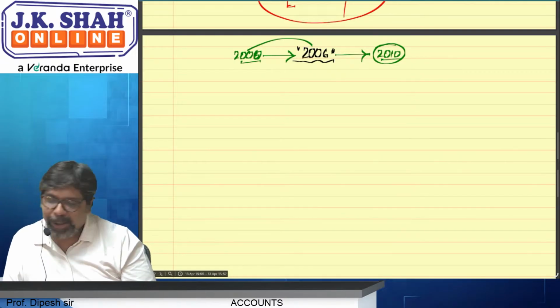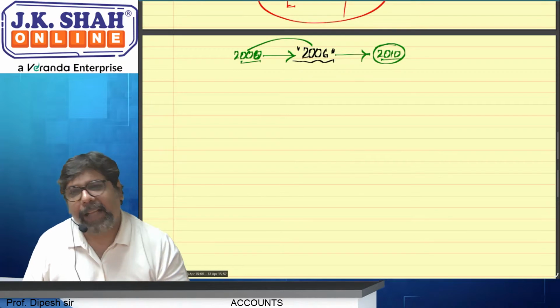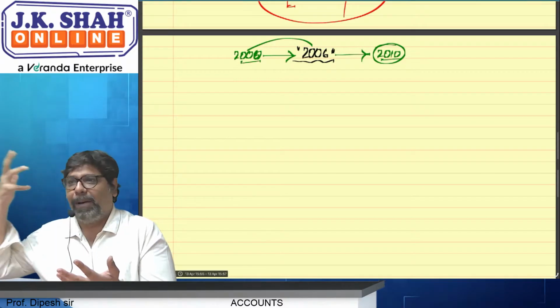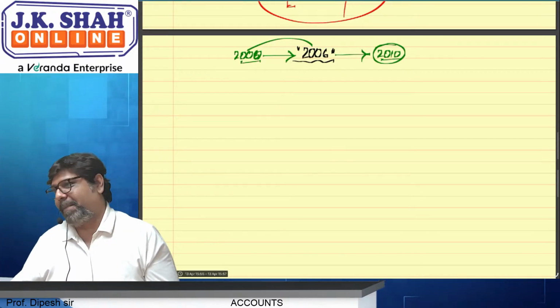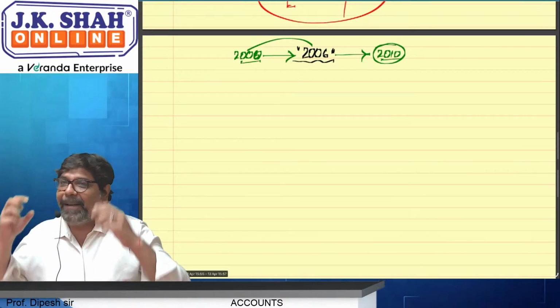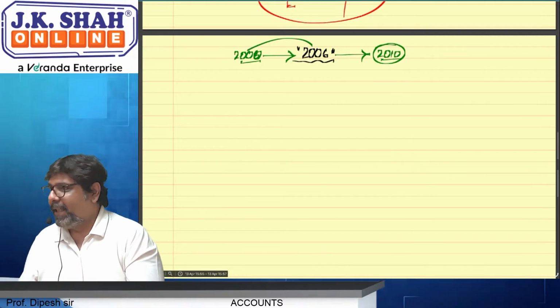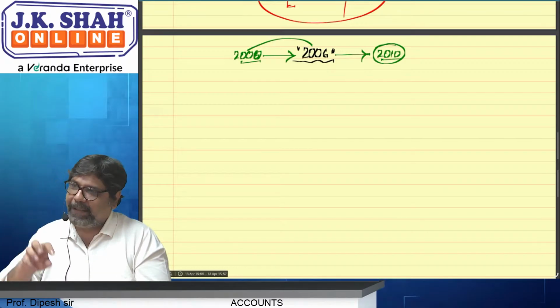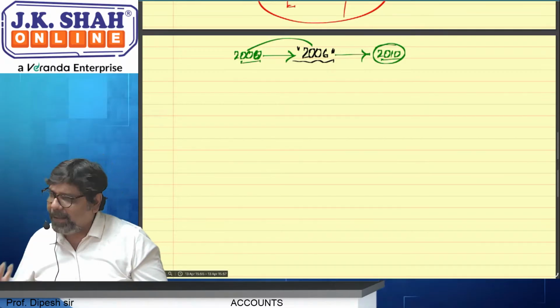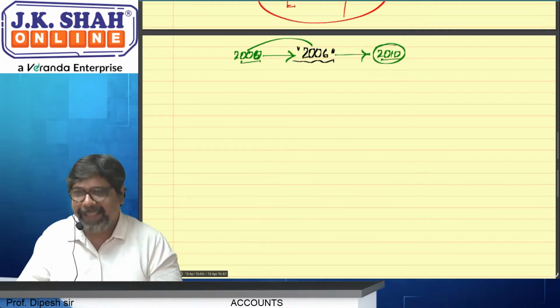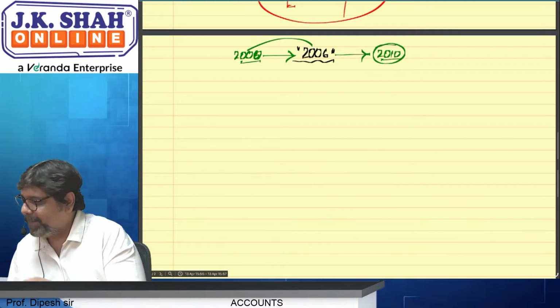Correct? I used to read the title and think about it. What is accounting policy? Then my mind will give me an answer. Then I will read the standard. If my mind's answer and the standard's answer match, then I am happy. If it does not match, no problem. I will read the standard's answer and understand that. Correct?